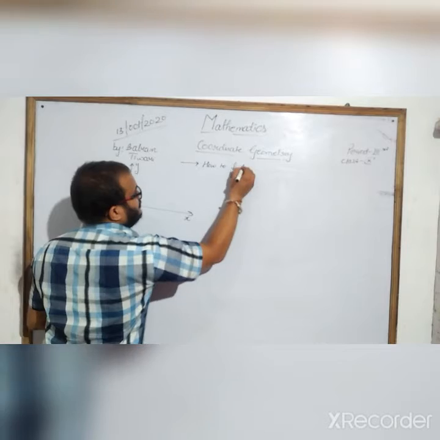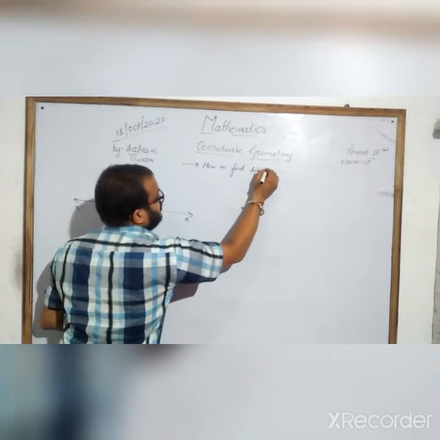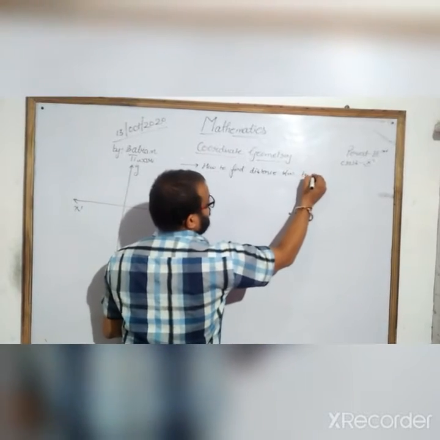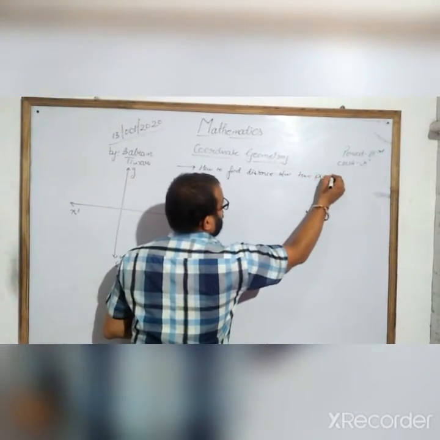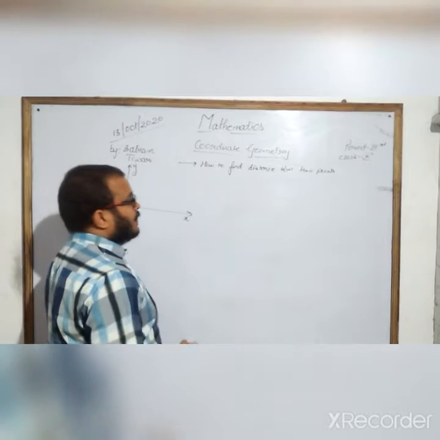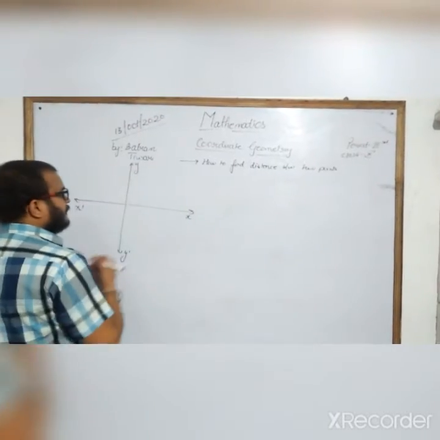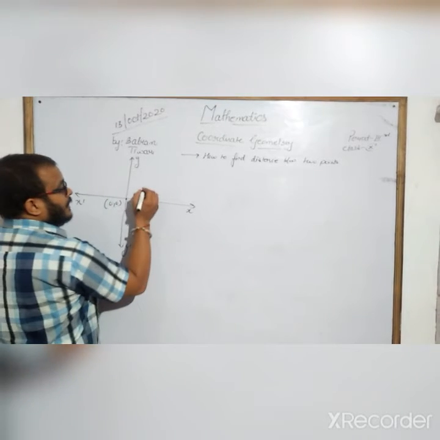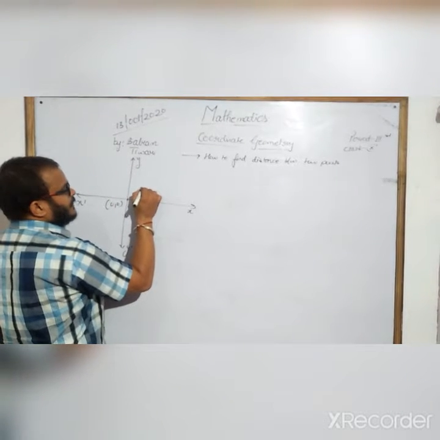In this video, first we'll discuss how to find the distance between two points. So now, locate the origin, called (0, 0). Now, this is the first point.